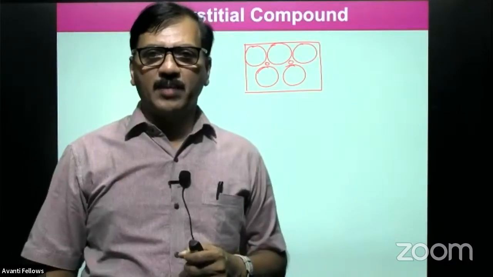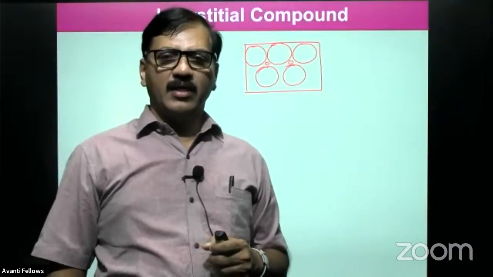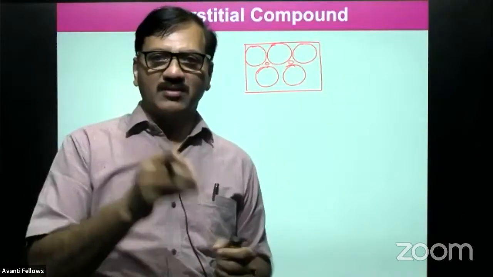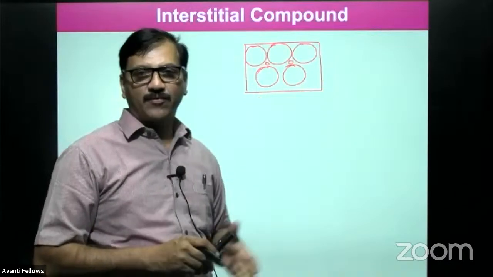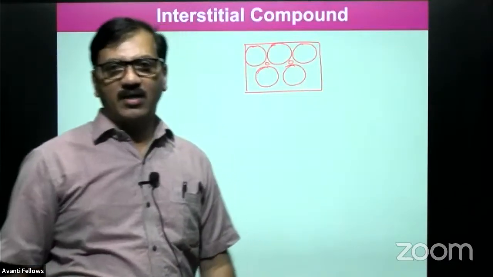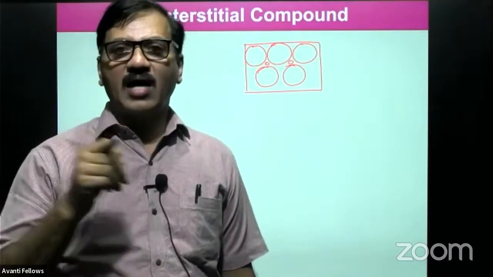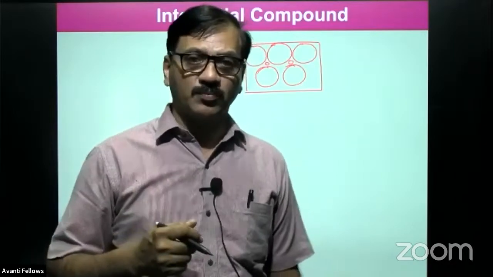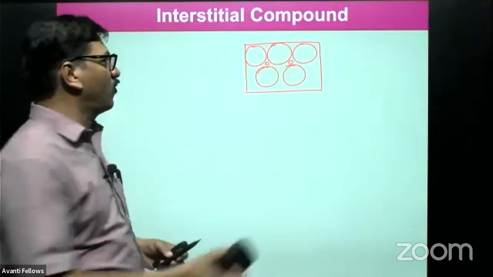The small atom may be boron, hydrogen, or carbon. In the case of steel, the carbon particles go inside the voids of the iron. Therefore, it has better properties than iron in terms of hardness, and it also does not get rusted soon.